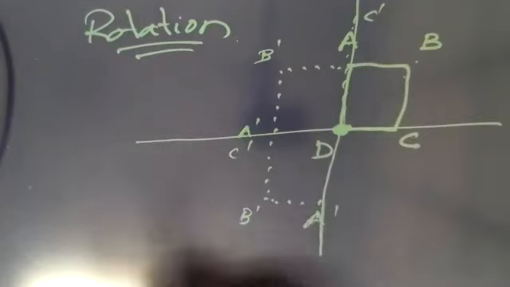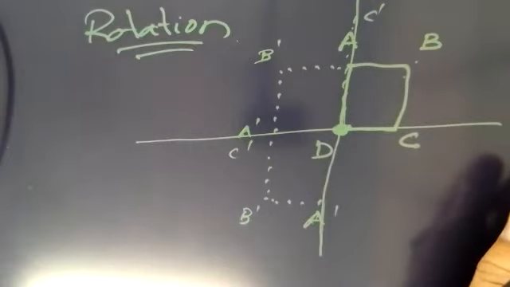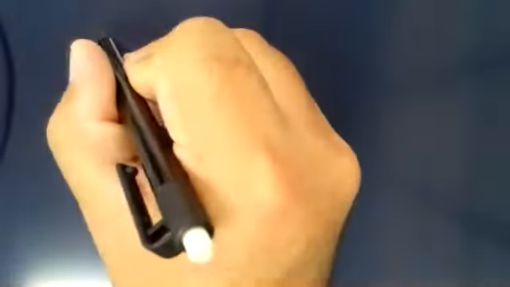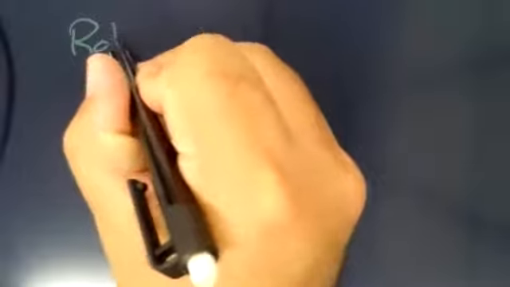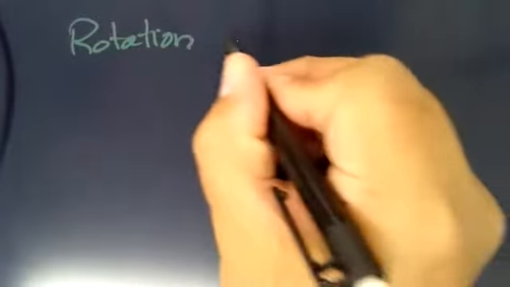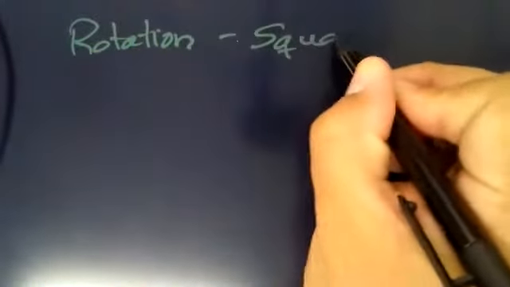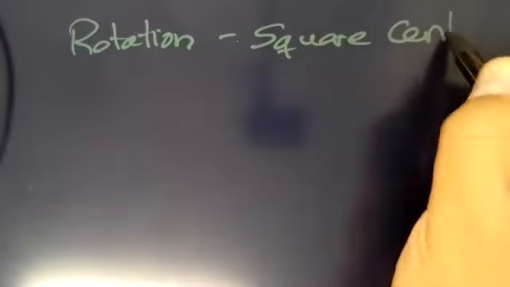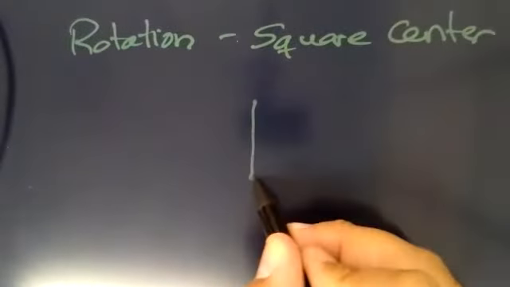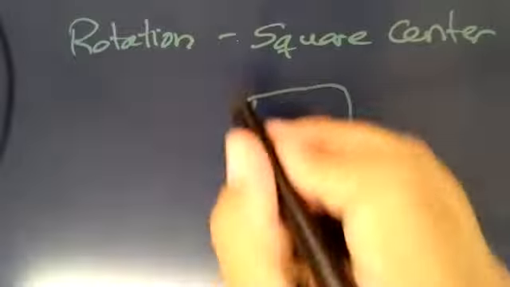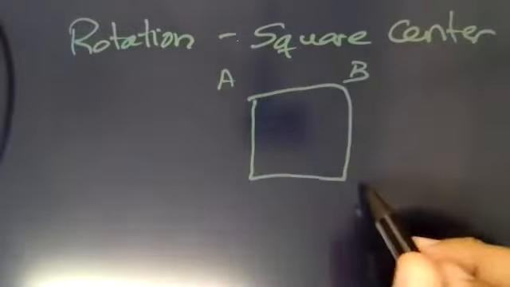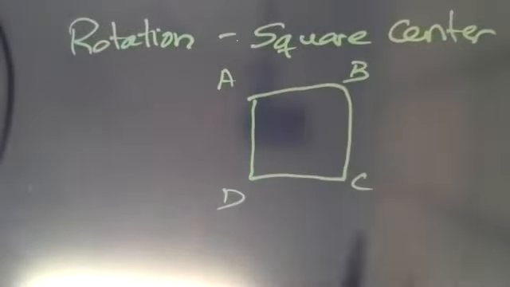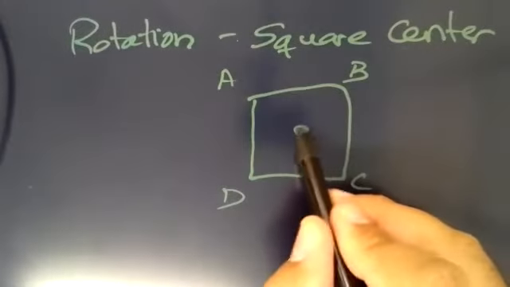Now, if I say rotation on the square's center, here was a key word, guys: rotation on the square's center. Well, if this is A, B, C, and D, the center of the square is going to be right here.